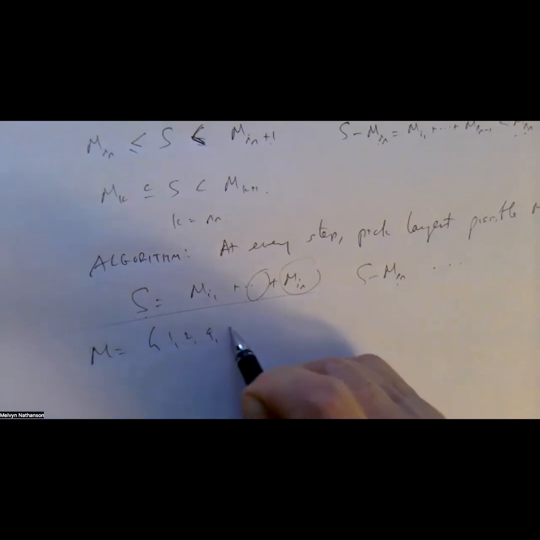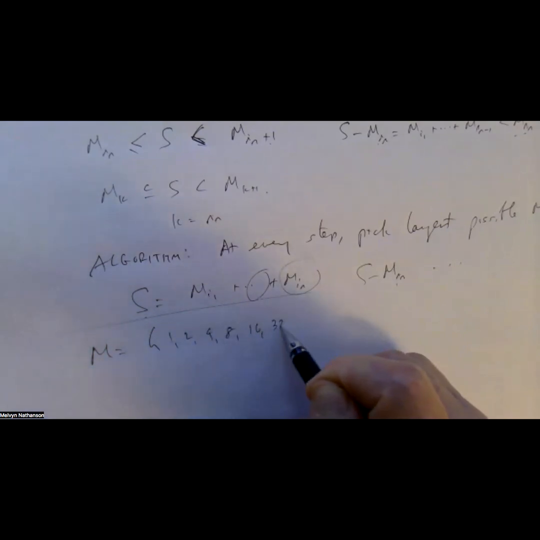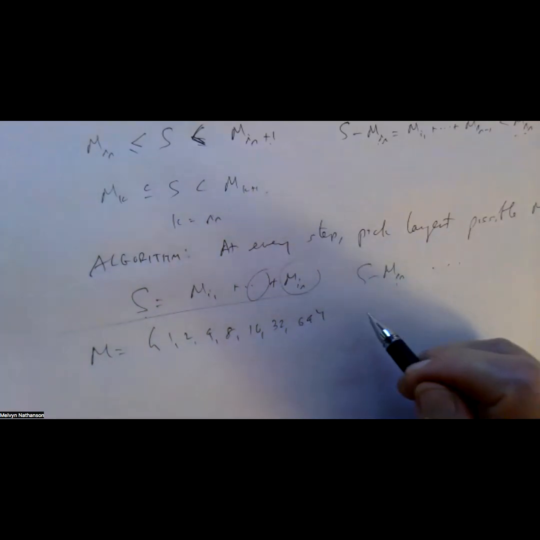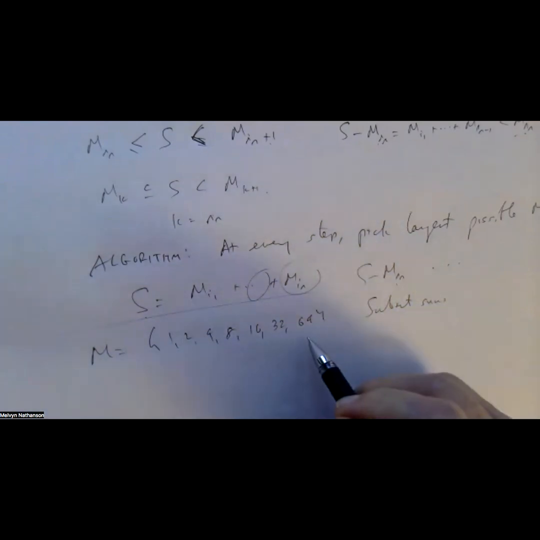Here is perhaps the simplest case. Suppose M is the set 1, 2, 4, 8, 16, 32, 64. So what are the subset sums? It's all sums of powers of 2 up to 2 to the 6th.